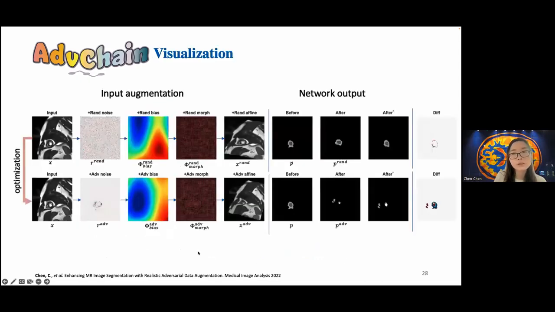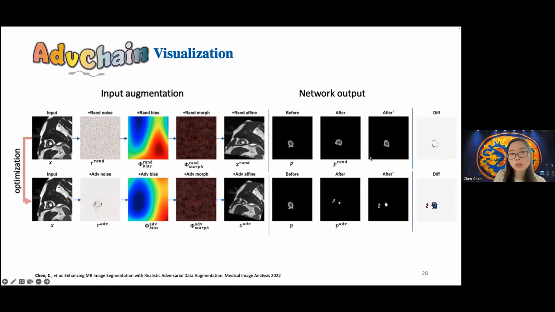So here is an example of ADV Train. We are given an input image X. We first sample a train of transformations. Here we include adversarial noise, bias field, morphological transformation, and some affine transformation. As you see, if we plot the network predictions, the network can be very robust actually.